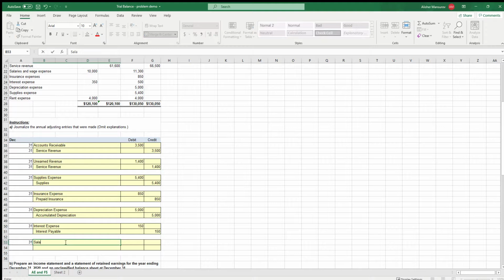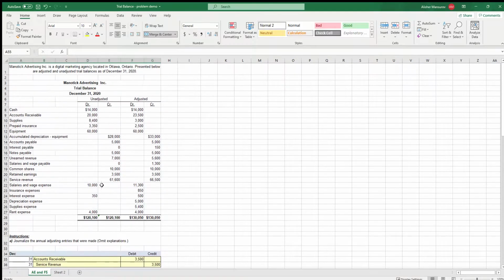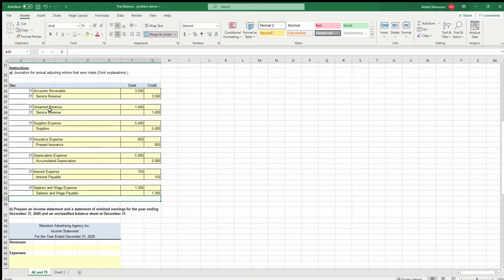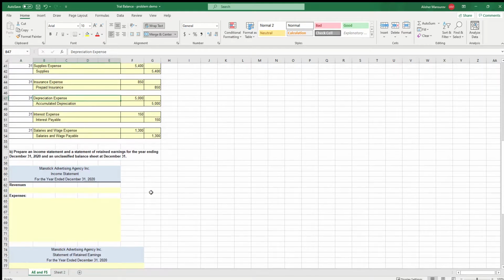So salaries and wage expense $1,300, and salaries and wage payable. This liability account also increased by $1,300. Looks like we're done with journalizing the annual adjusting entries that were made at the end of 2020.